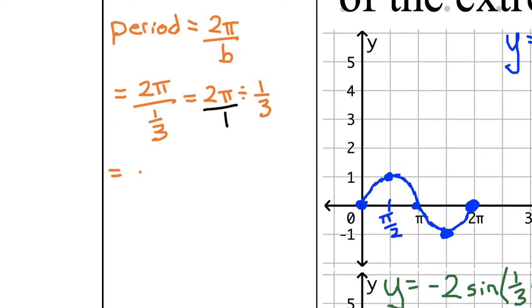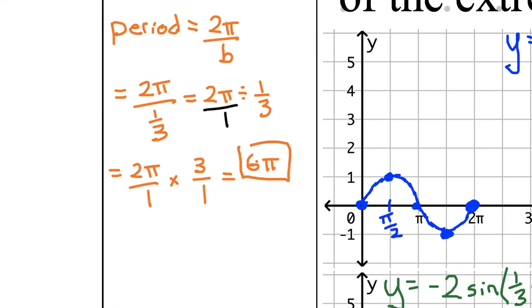So this is equal to keep it, 2 pi over 1, change it, multiply instead of divide, and flip it. This is the reciprocal of 1/3, which is 3 over 1. And just multiply straight through. Multiply the numerators: 2 pi times 3 is 6 pi. Multiply the denominators: 1 times 1 is 1, and I can just ignore that. So my period, the time it takes to cycle through this, is 6 pi.